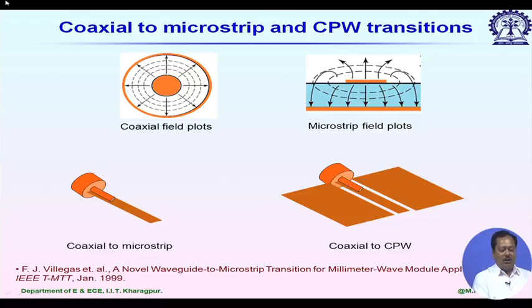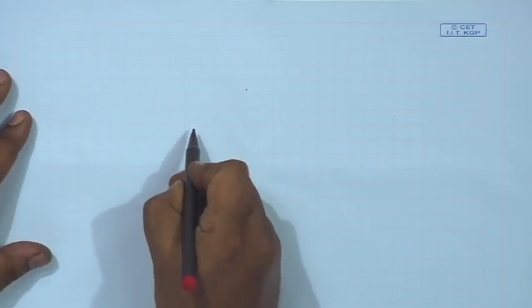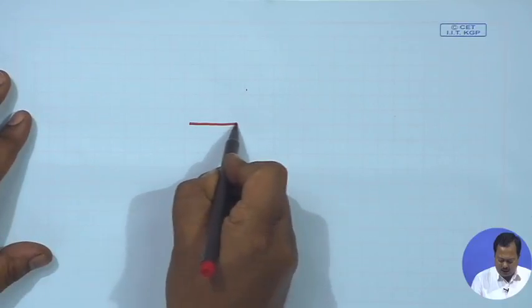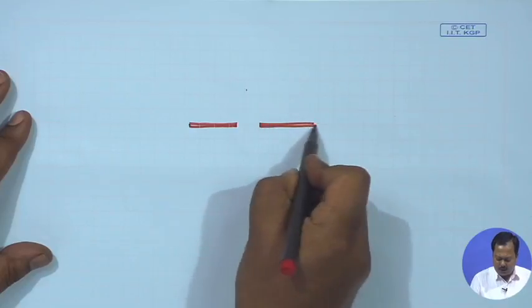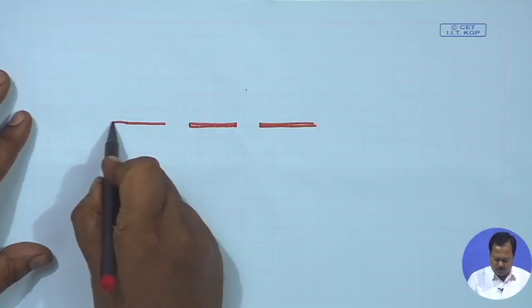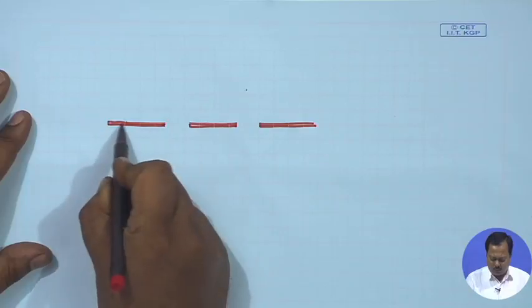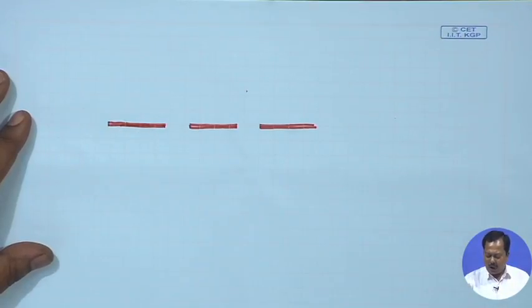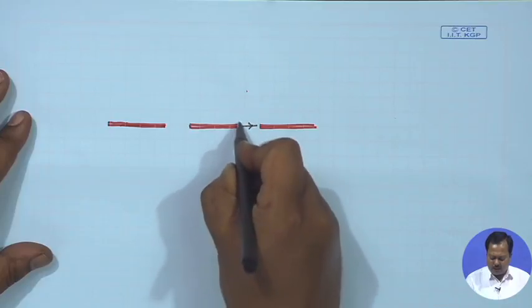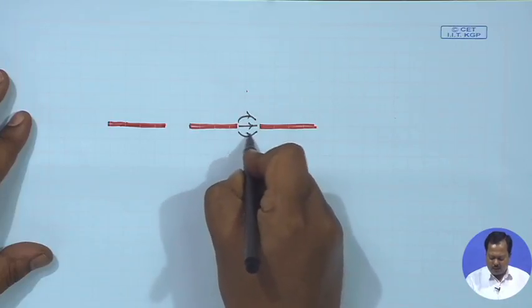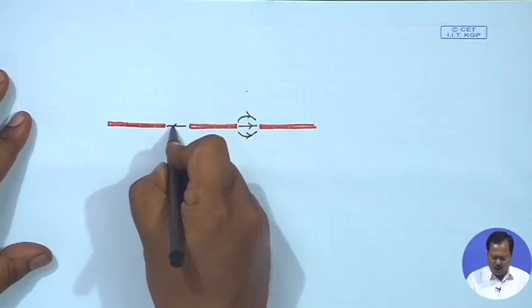Let me draw the field diagram. For a CPW line, let us say this is the signal line and this is the ground plane. Now, we have electric field lines from the signal line to the ground.